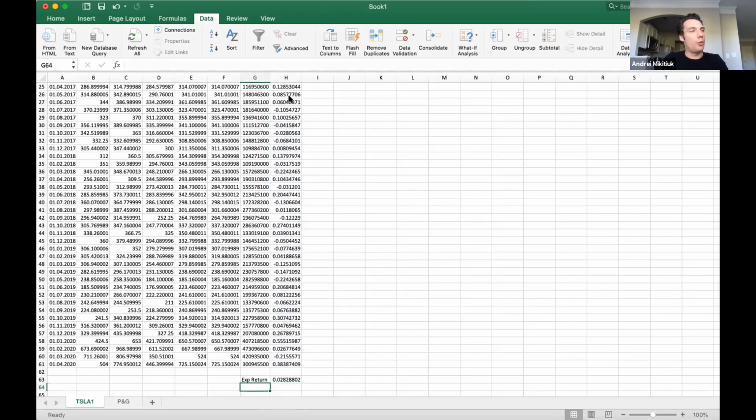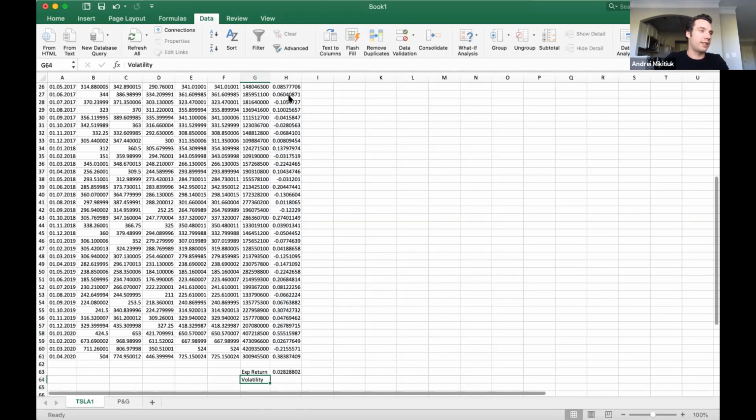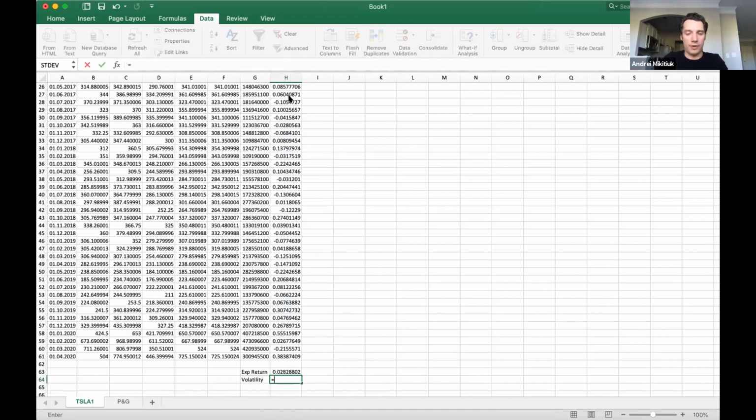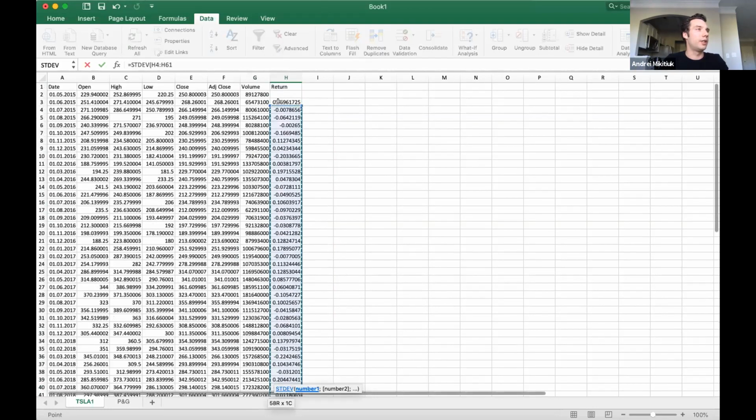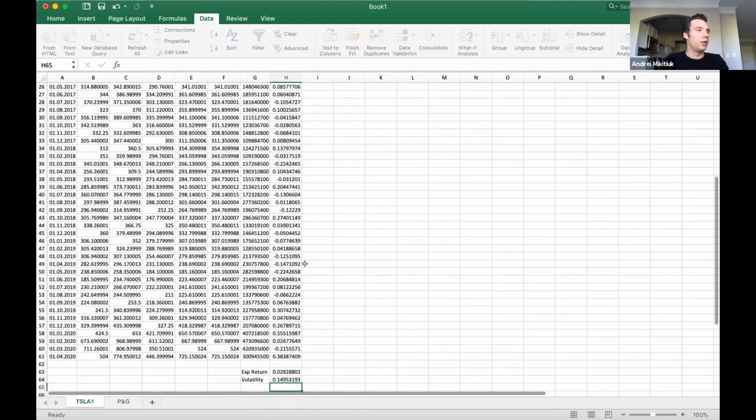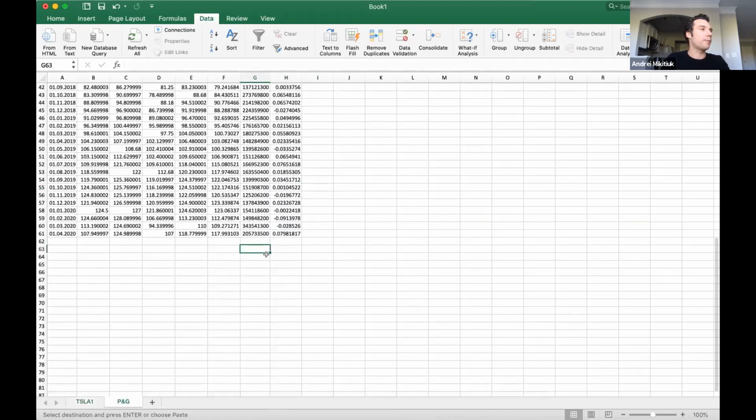And we can calculate volatility, which is our measure of risk. We're just taking the standard deviation of those numbers.